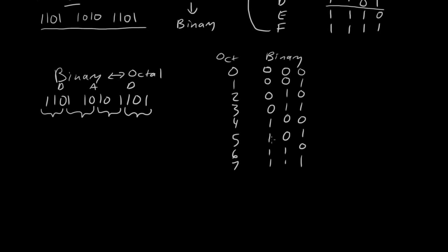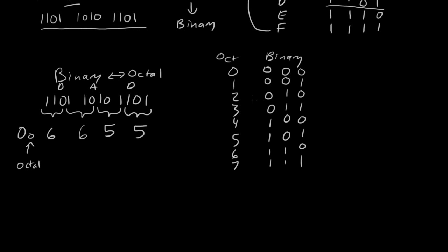So 101 is going to be 5, and this 101 is 5. Then 110 is going to be 6, and 110 is 6. So this is this number in octal. So 6655 in octal is dad in hex. That's how you can convert from binary to octal, and the conversion back is the same thing as before.